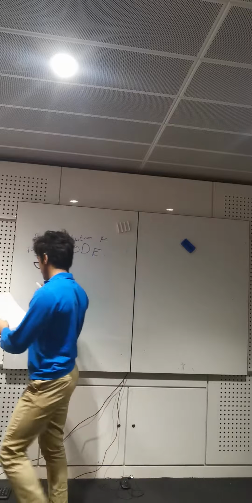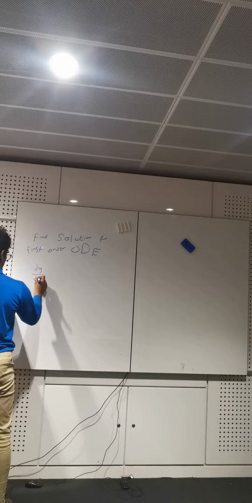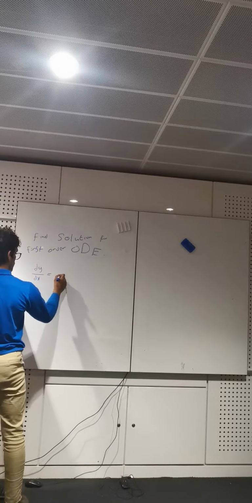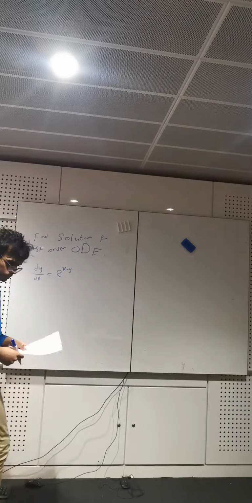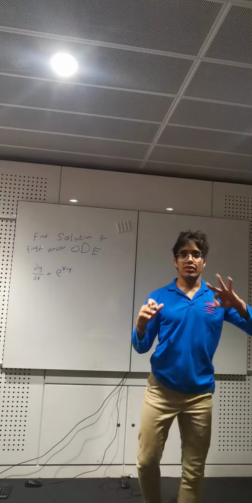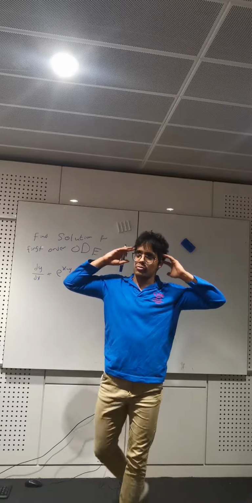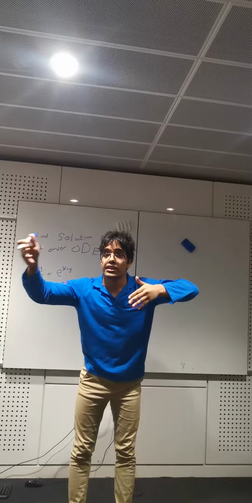So we get the first example. The first example asks us to find the solution of dy dx equal to e^x minus y. The first question that comes to mind, the first technique, we have only 3 techniques, is can we separate the x in one term and y in one term?